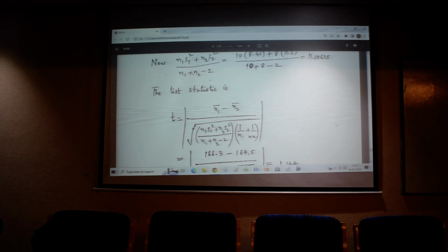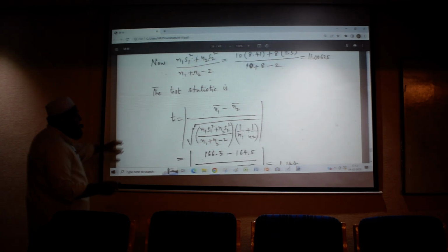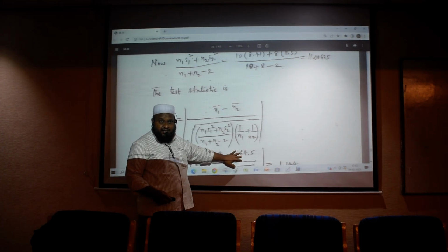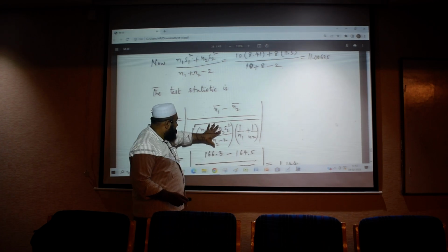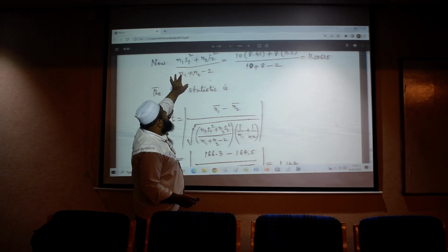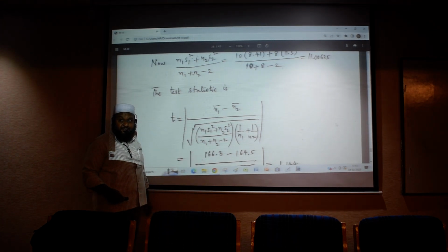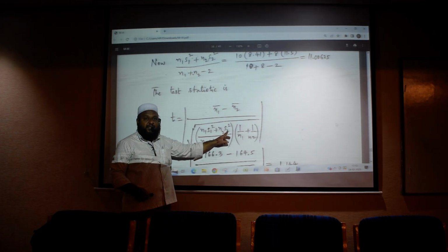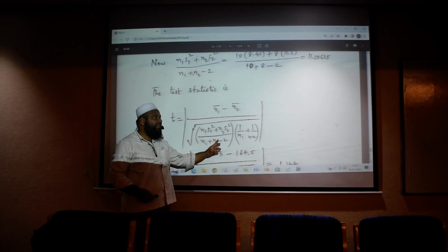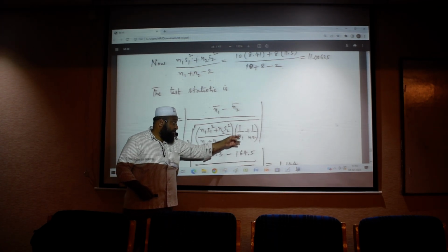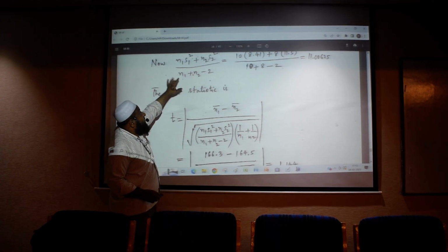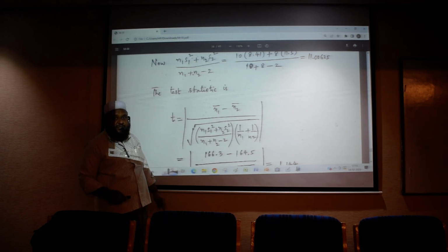Now the actual t value is this one. But instead of running like that, this bracket value I have calculated separately. What is that bracket value? (n1 s1 square plus n2 s2 square) divided by (n1 plus n2 minus 2), into this one. This complete part I have calculated. I got 11.00625.